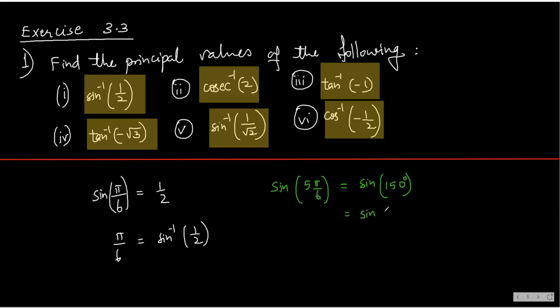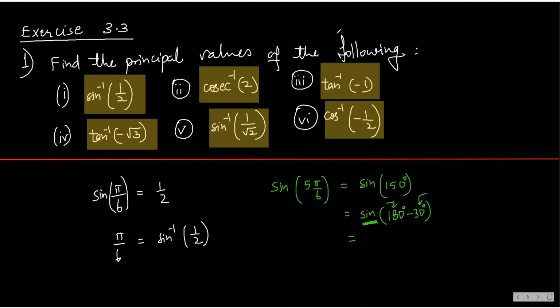Sine of 150 degrees, I can write as 180 minus 30 degrees. Now you know, if you have 180 minus theta, the trigonometric ratio doesn't change. It changes only when you have an odd multiple of 90 degrees.